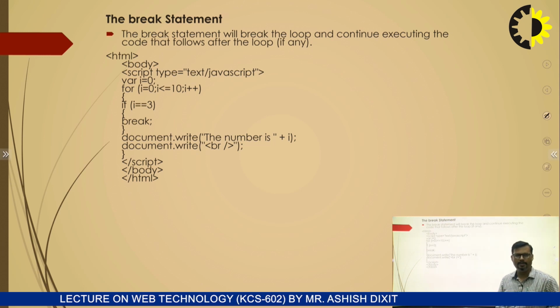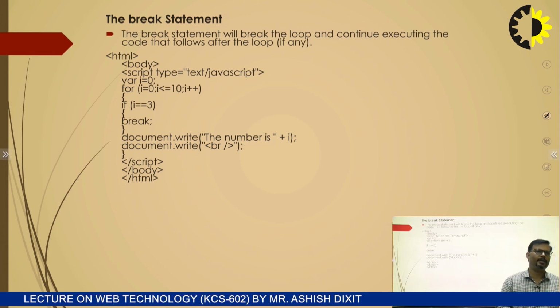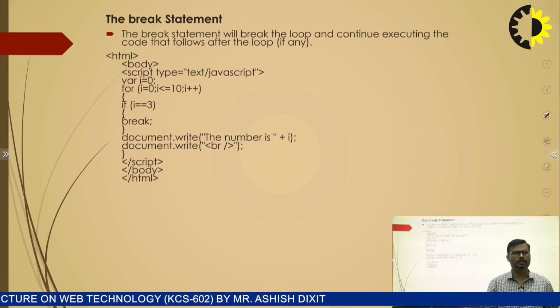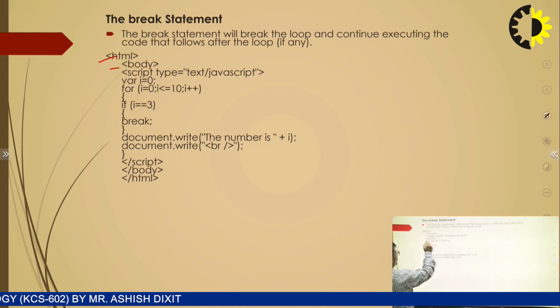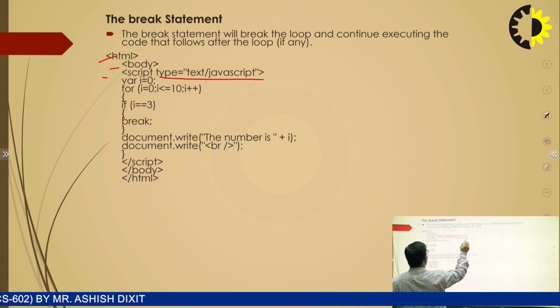Then break statement. A break statement will break the loop and continue executing the code that follows after the loop, if any. Like example: HTML, then body, then script type text/javascript.